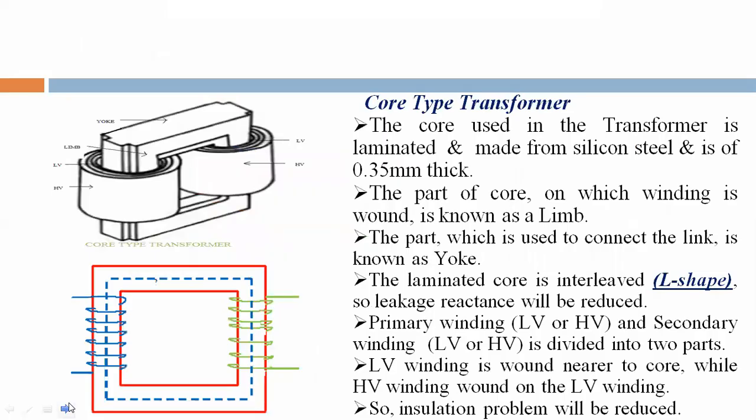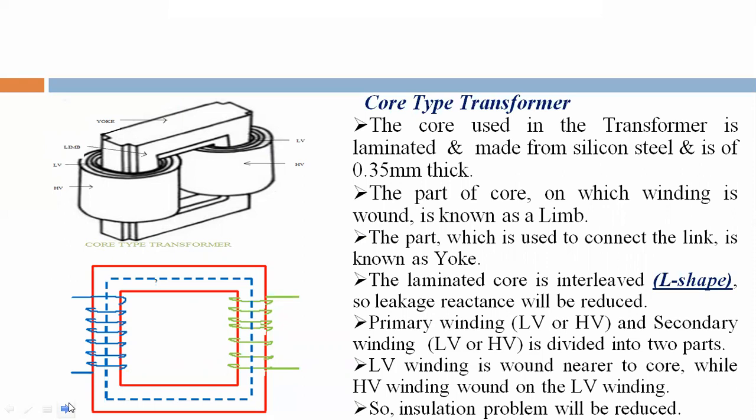Now, in the core-type transformer, the core used is laminated and made from silicon steel, and it is 0.35 mm thick. The part of the core on which the winding is wound is known as a limb. The part used to connect the limbs is known as a yoke.